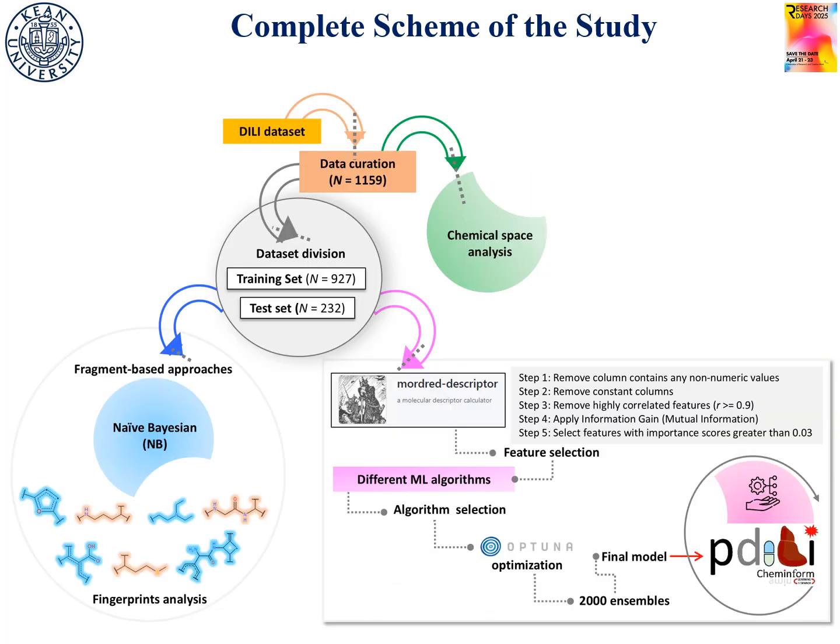This is the complete scheme of the present study, where we took a drug-induced liver injury dataset of 1,159 drugs, where more than 50% of compounds are proven DILI toxic, and the remaining ones are DILI non-toxic. We divided the dataset into training and test sets in almost a 3:1 ratio.